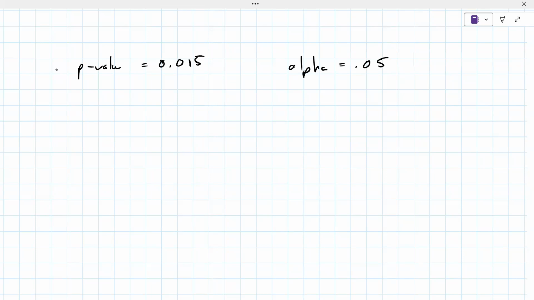It's kind of like true false. I really can't help here. You gotta decide on your own. The p-value is less. Reject. This one you do reject.